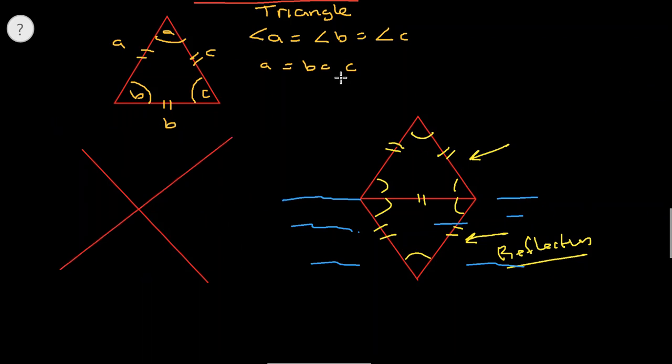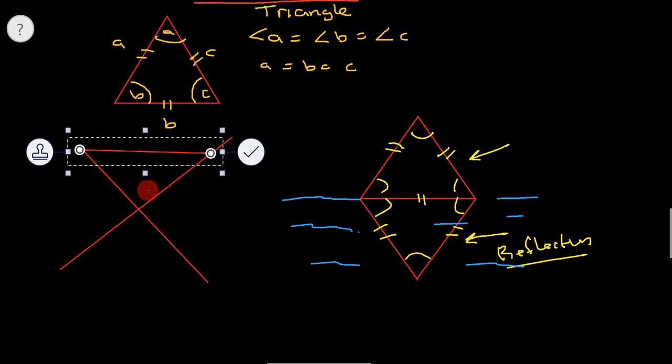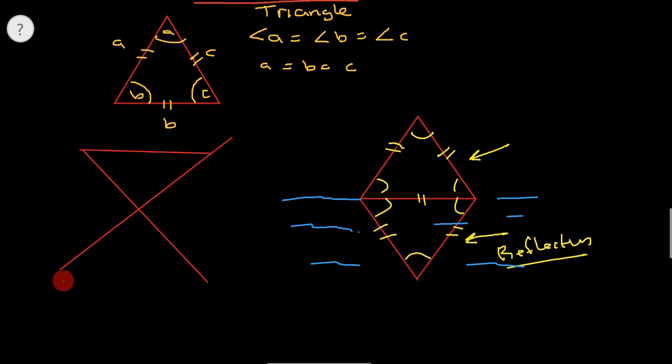Okay, and then we can draw a line across like this. That's 3 lines. And then we can draw a line across like this. So that's 4 lines.